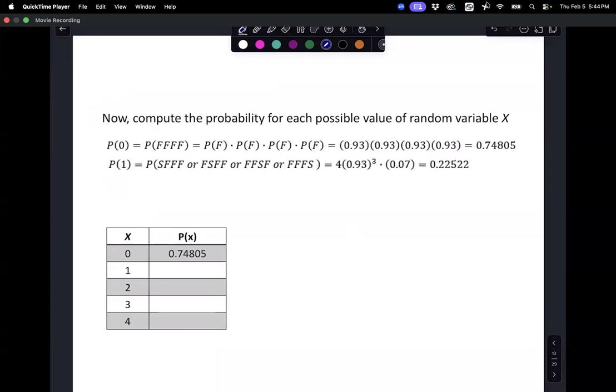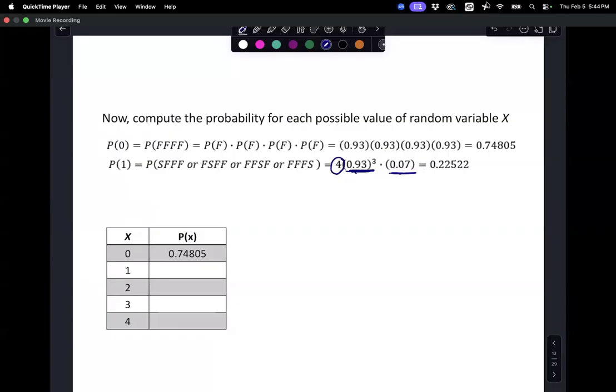So when we look at the probability of getting 1 success, so that's 3 failures, which is right here, times 1 success. So that's 1 failure and another failure and another failure and 1 success. But there's 4 ways to do this. So I multiply it by 4 because there's 4 ways to get just 1 success.